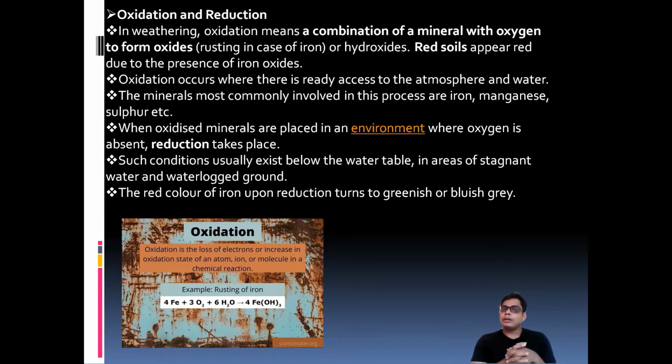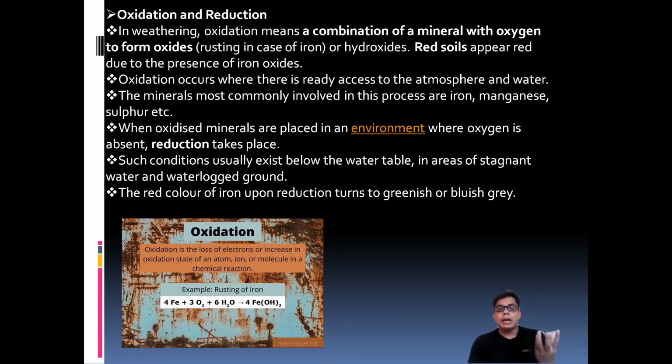It usually exists in the water table and in stagnant water locked in the ground, and the red color of the iron changes to a greenish or bluish color because of reduction. In chemistry language, oxidation is the loss of electrons.